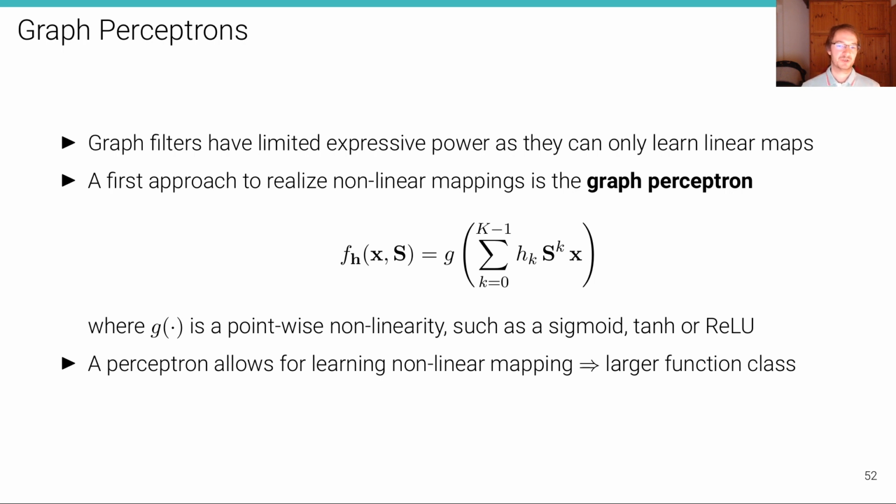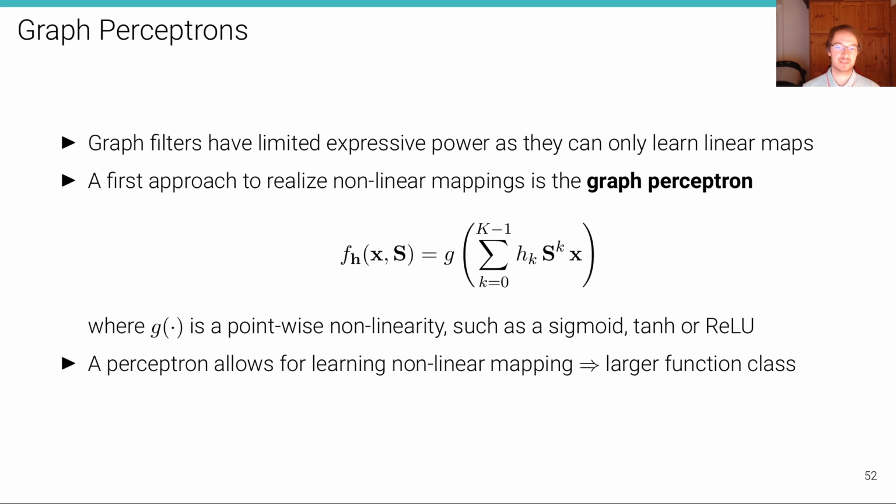By adding such a nonlinearity, we go one step closer to making our model more expressive. The model before could only learn linear maps. We just had a convex combination of these graph shift operators with x and then h with this power series.